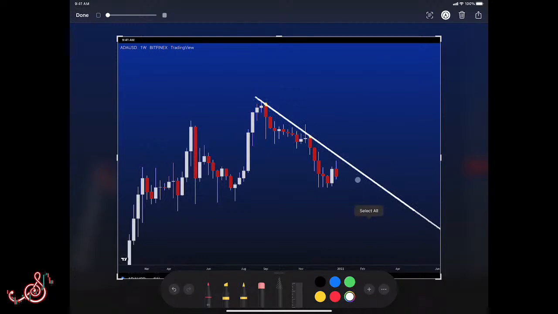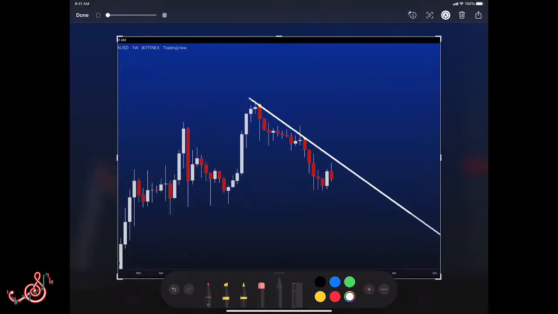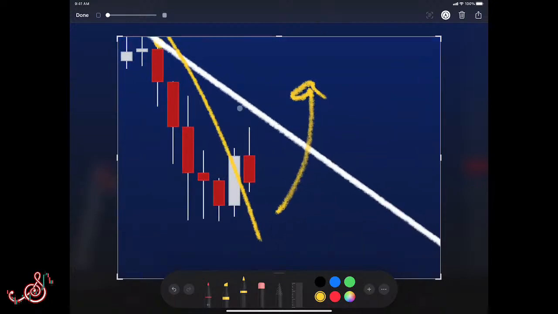But remember, and Dean, tell me, did you send it to me, Dean? One of the things I'm noticing on the daily chart is it looks like there's a type of parabolic that's forming, and on the daily chart it's going to look something like this. When you see that type of parabolic curve, that means price has a higher chance of breaking out to the positive. But remember, we still have to beat this line.